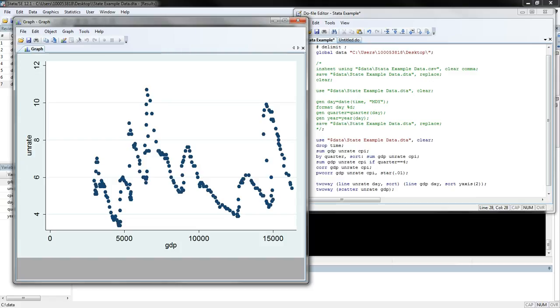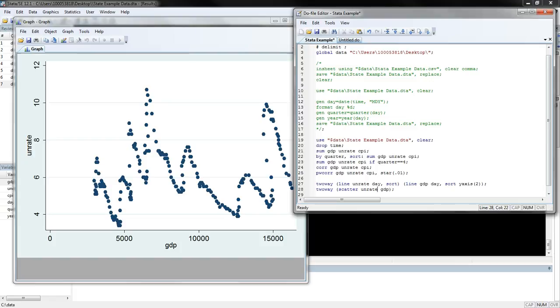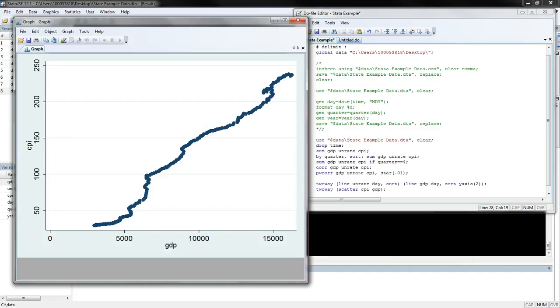So if we took the time series of the unemployment rate over time, it would look almost identical to this plot. If we go back and instead of the unemployment rate, we did the CPI, we know that GDP and the CPI were very highly correlated, so we should see something that looks almost like a straight line. And we do that, and sure enough, here's what we see.